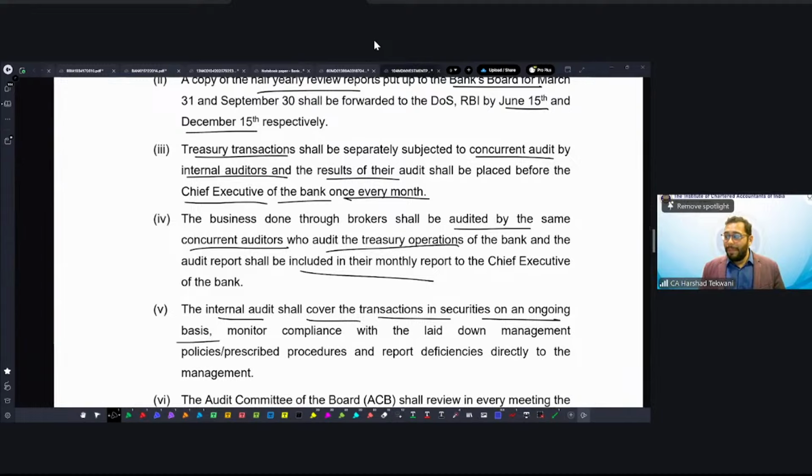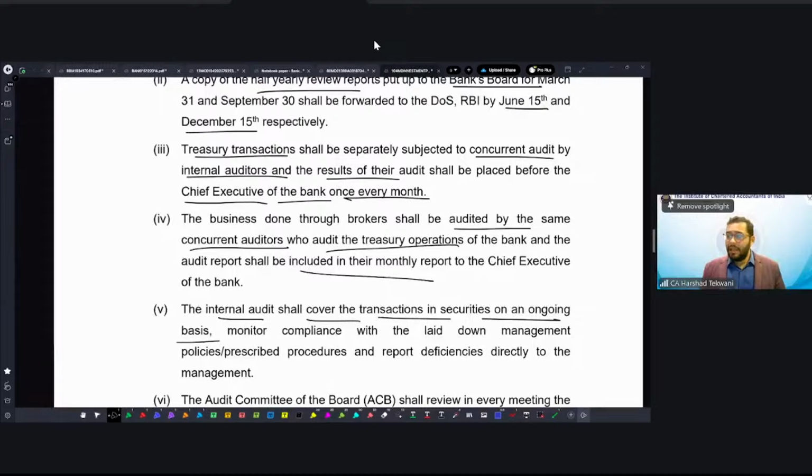The audit committee of the bank is required to review these reports in meetings on a frequent basis. Again, these are some requirements with respect to the reporting and the audit part of the investment.